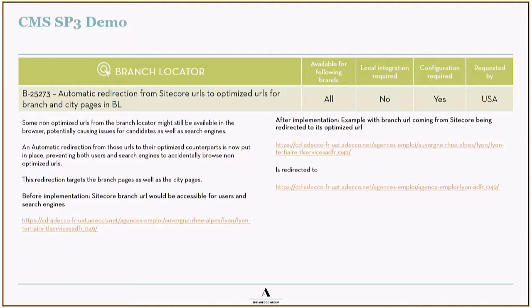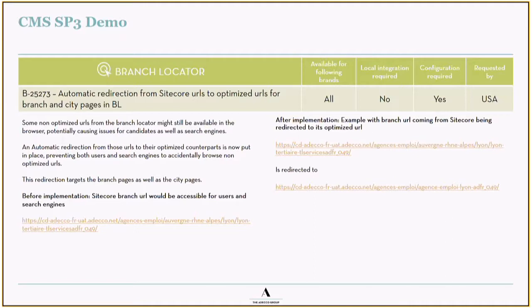We have a certain number of pages, like the branch pages and city pages, which are defined in the tree of Sitecore. One of the problems USA found is that sometimes the branch pages and city pages are available from their Sitecore URL instead of from their optimized URL.